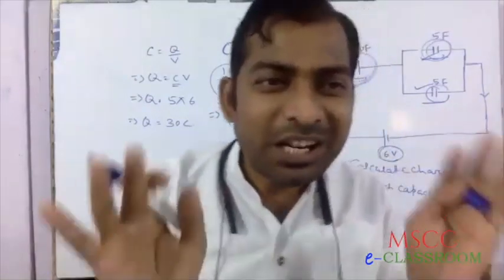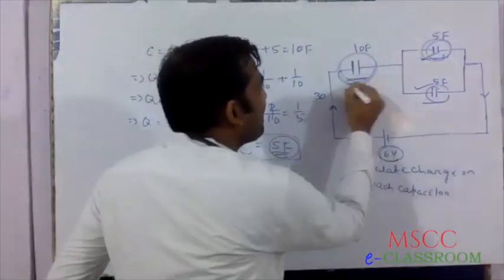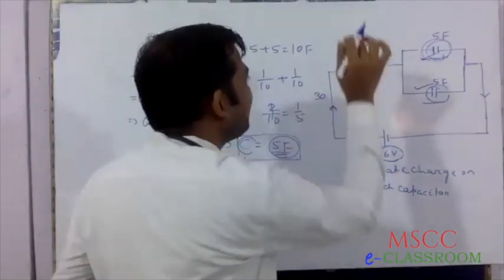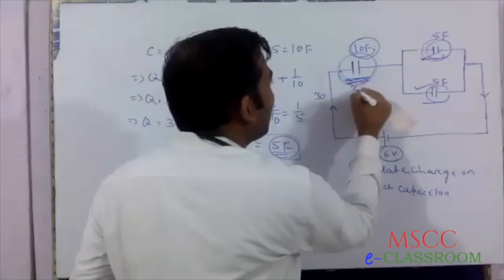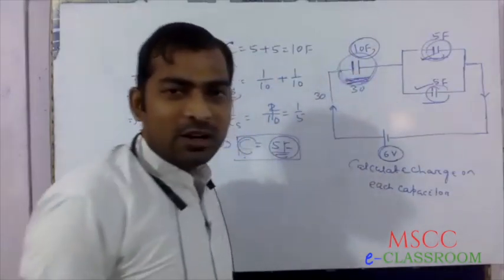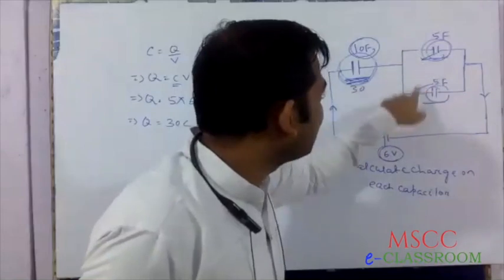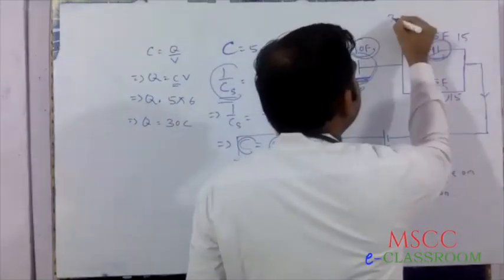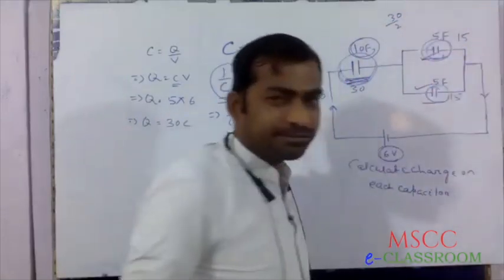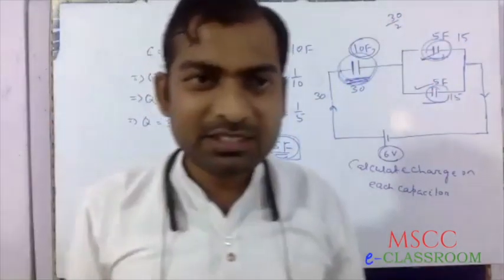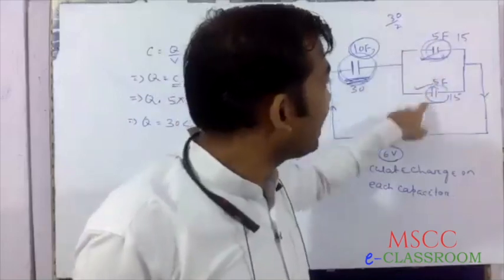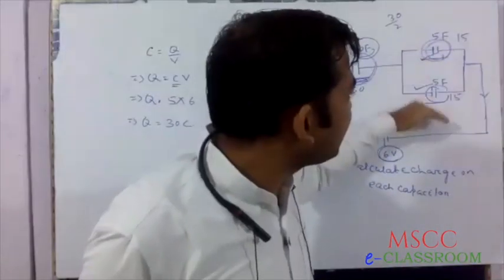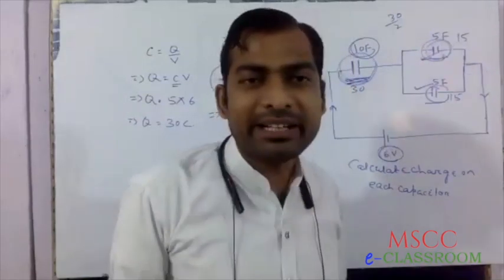That's why in the 10 farad capacitor, charge remains the same, that is 30, whereas in both parallel capacitors charge is 15, that is 30 by 2, since equal capacitance 5, just divide.